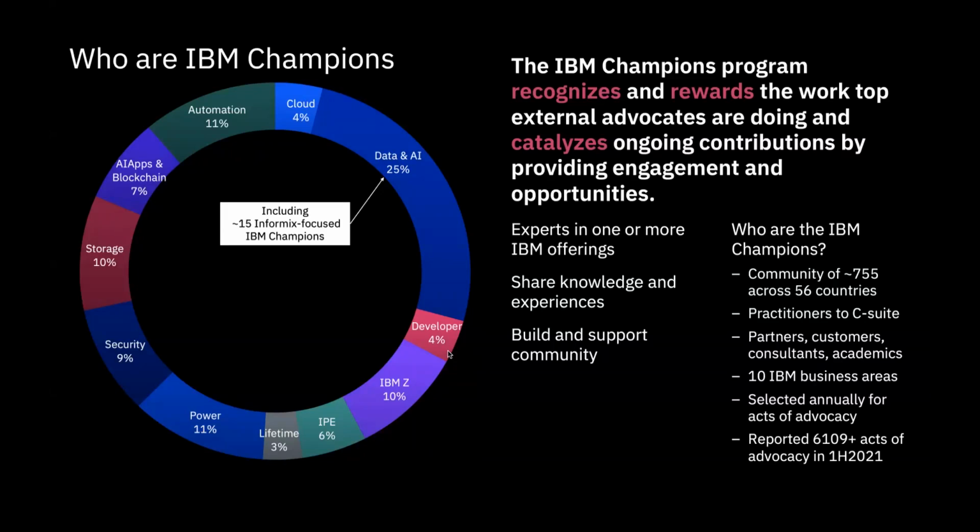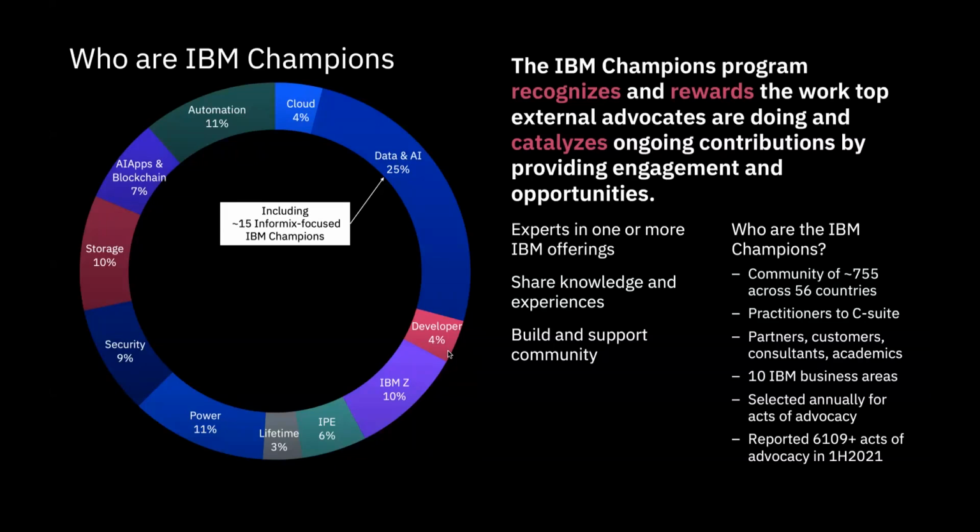So sometimes people aren't a Champion for a particular year, even if they've been one in the past and might be one in the future. That just means that that particular year, they didn't have huge contributions. There's no shame in that. We all have years where we're busy with family or our own jobs or other things. So it definitely is a group that grows and contracts a little bit depending on the year.